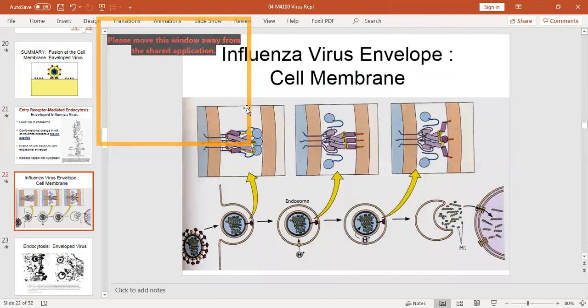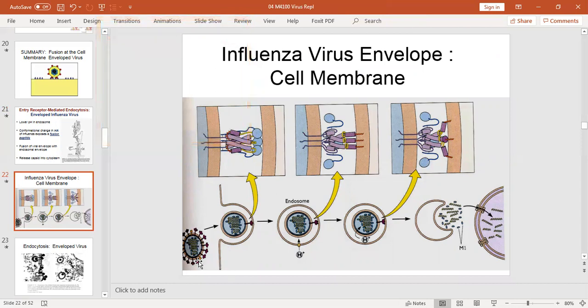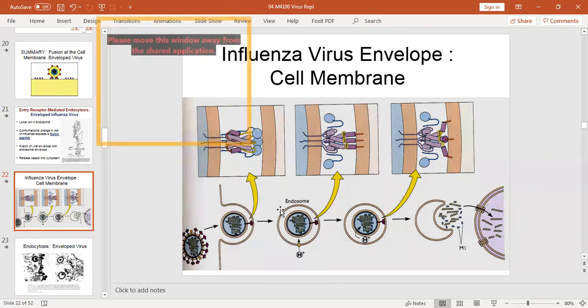And this is basically slide number 22, a depiction of what we just discussed, the virus through fusion to the host cell plasma membrane gains entry into the endosome. Through an ATP dependent manner, hydrogen ions will be pumped into the endosome. This acidic pH results in the exposure of a fusion peptide.